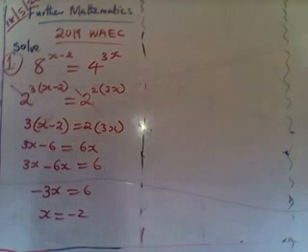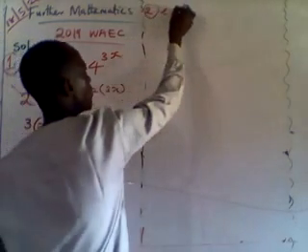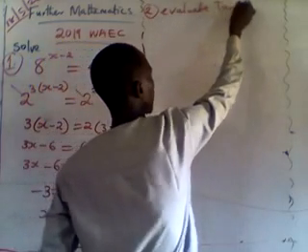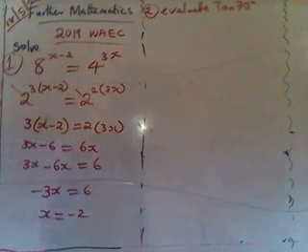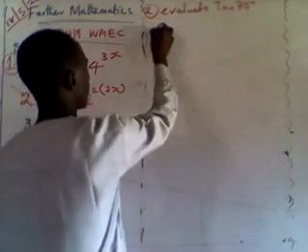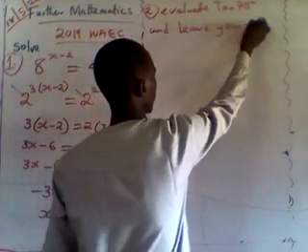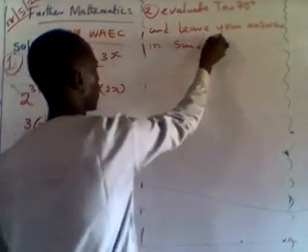That's the first one. The second question, we have to evaluate. Question number 2 said, evaluate tan 75 degrees and leave your answer in surd form.